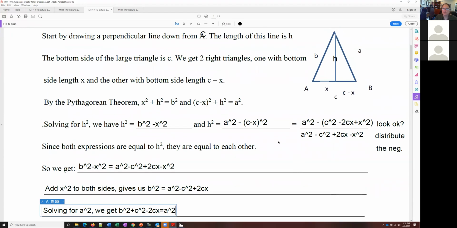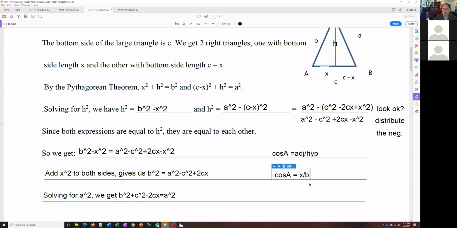But now let's think about our triangle up here. We know that the cosine of angle A is equal to the side adjacent over the hypotenuse. And the side adjacent is x, and the hypotenuse is b. So that tells me that the cosine of angle A is equal to x over b.